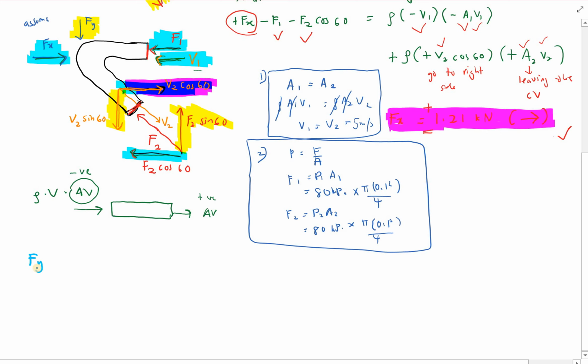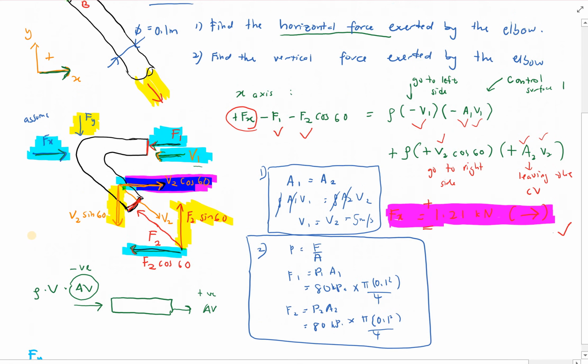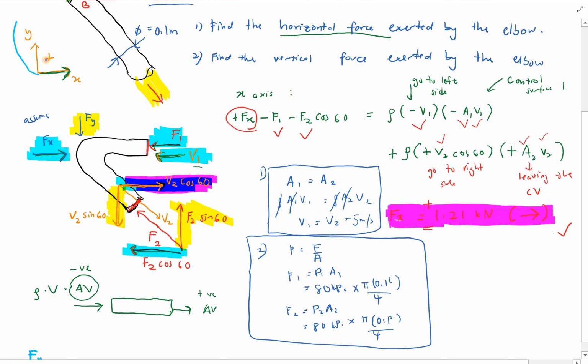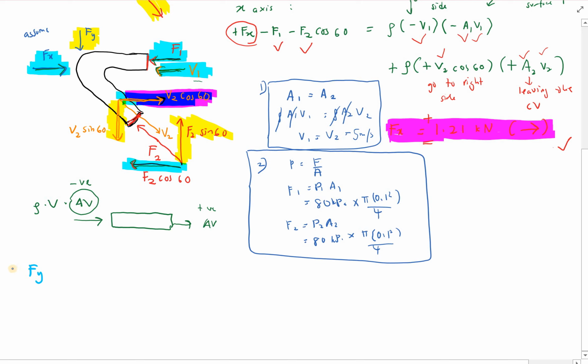Fy. Now take note of the direction. You have defined your Y to be positive when it goes upward. In this case, your Fy, you assume that it's going downward, so it becomes negative Fy. And look at any other force. Yes, this one.